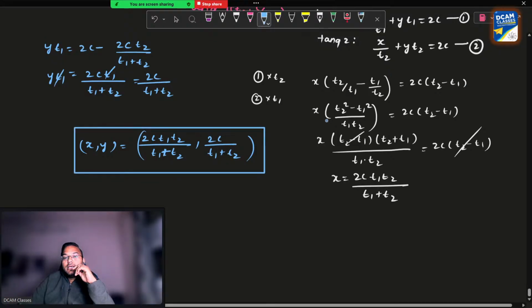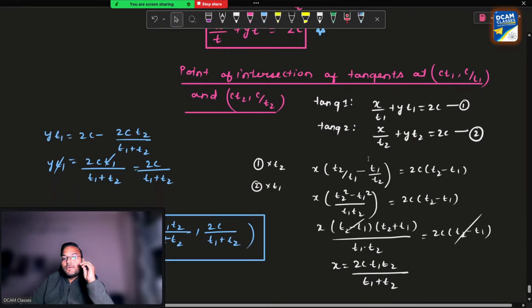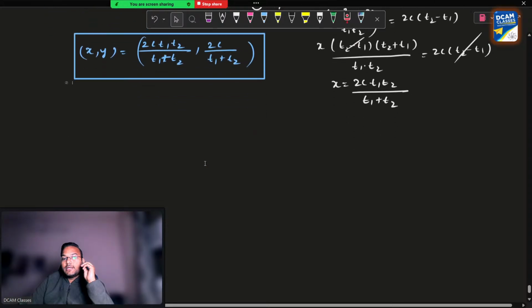Acha, now similarly, you have found the equation of tangent, the slope of tangent, and the point of intersection of two tangents.